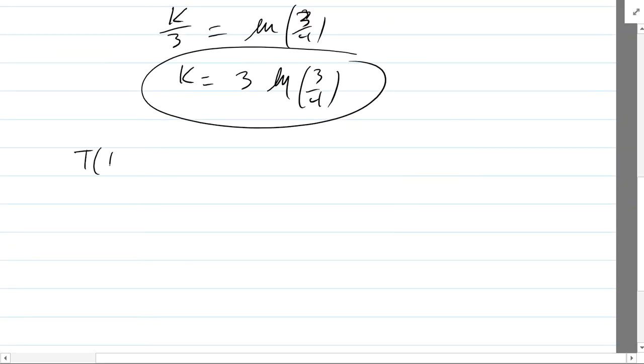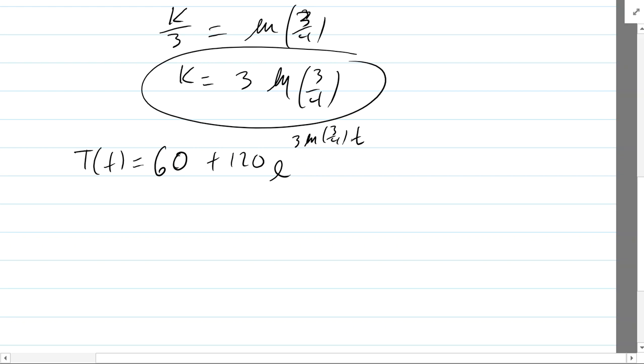My temperature of my heating plate is going to be 60 plus 120 e to the 3 natural log of 3/4 t, every single time. So if they want to know in 1 hour, do I just put in 1 hour for the t?